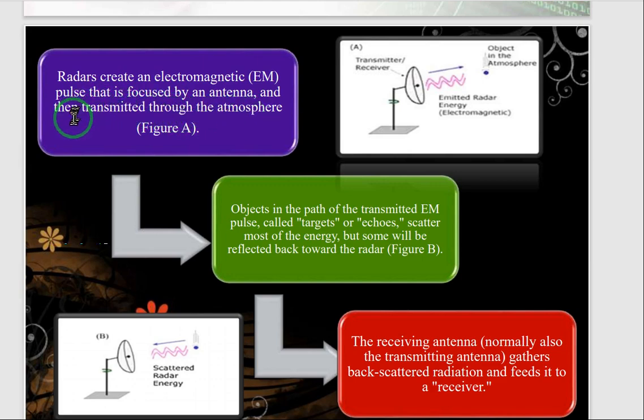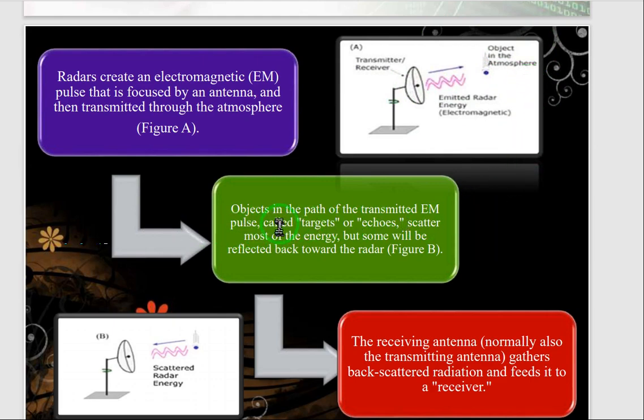That is the same phenomenon that was discussed previously: the radar creates the electromagnetic wave through the antenna and transmits it to the surrounding open air, that is, the atmosphere. It is also shown in the figure that the antenna is transmitting this electromagnetic wave.